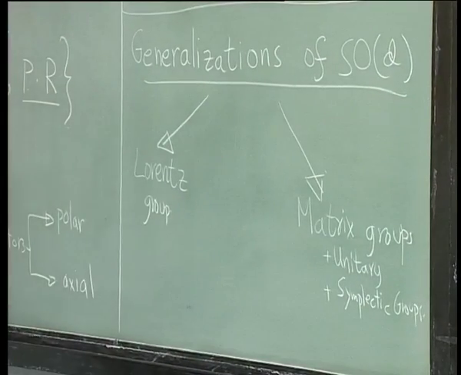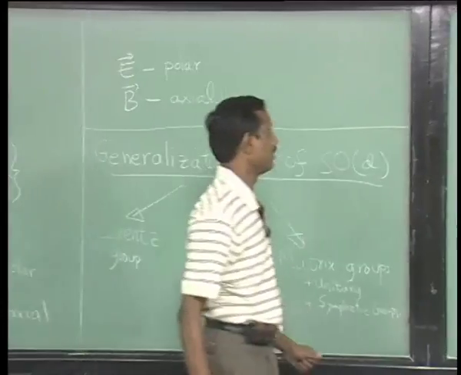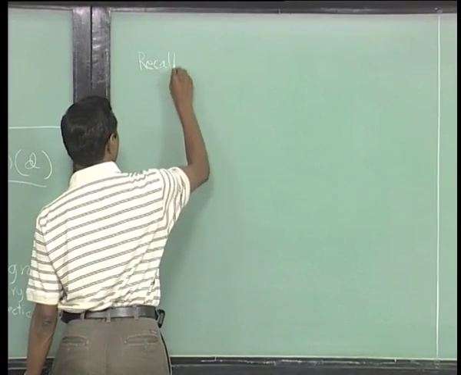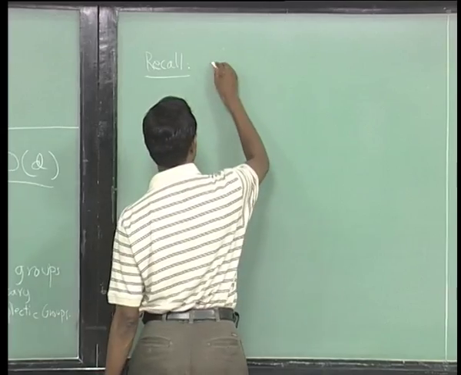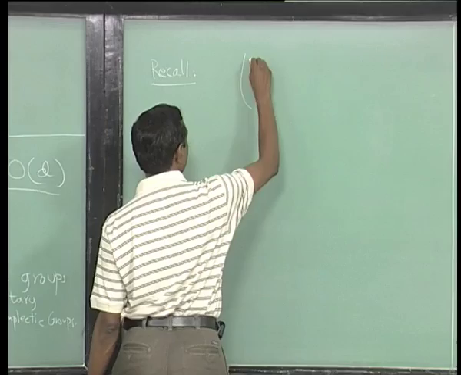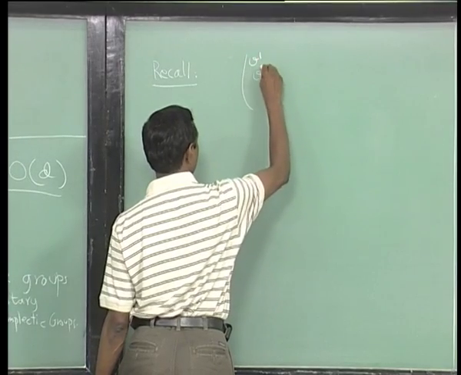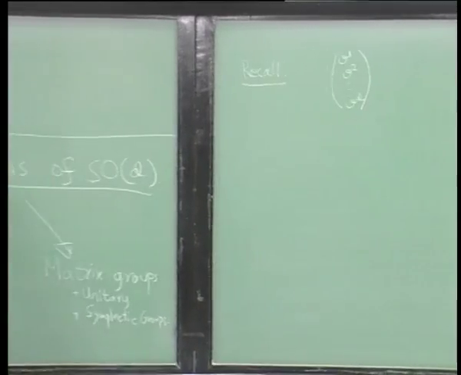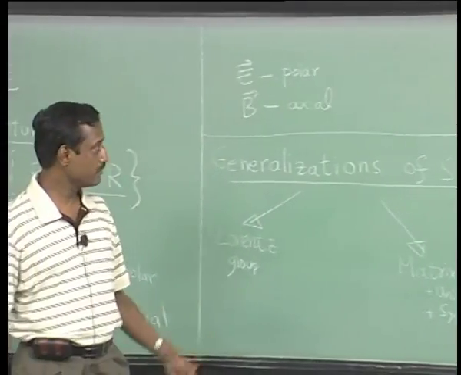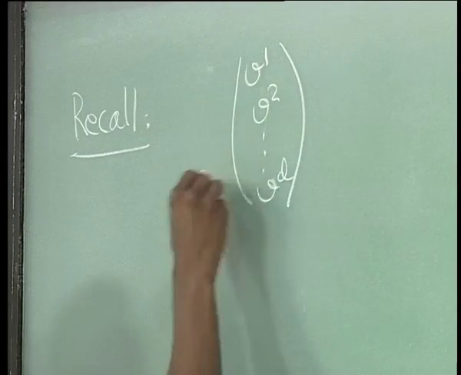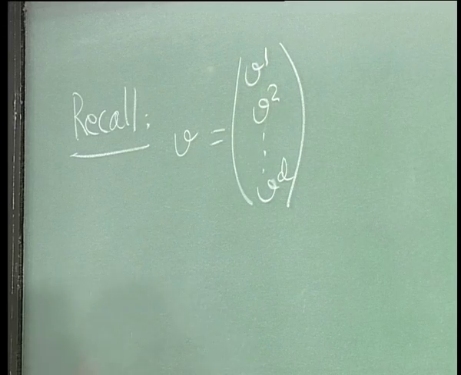So, let us look at the generalization which leads you to the Lorentz group. Recall that we defined SOD or OD by looking at vectors, taking some vector V1, V2, up to Vd, and defining it to be the set of linear transformations which preserved the length of this vector. Let us use the notation V for this short form.